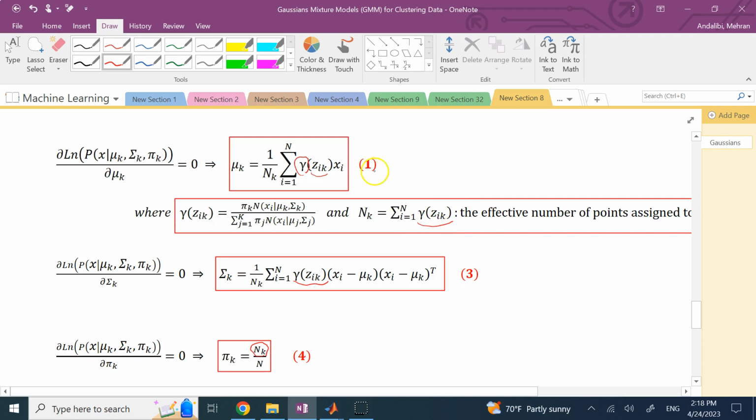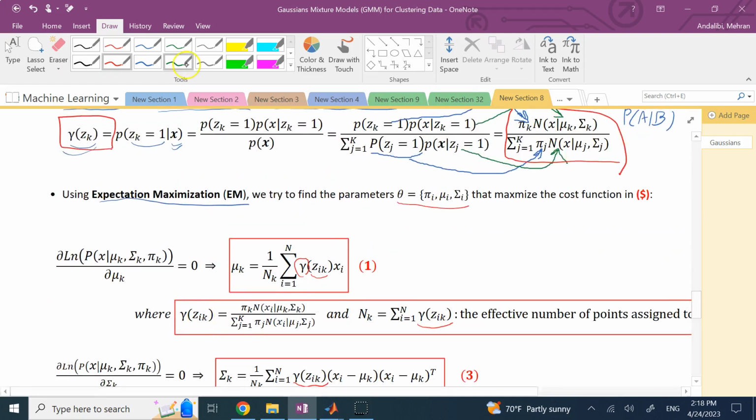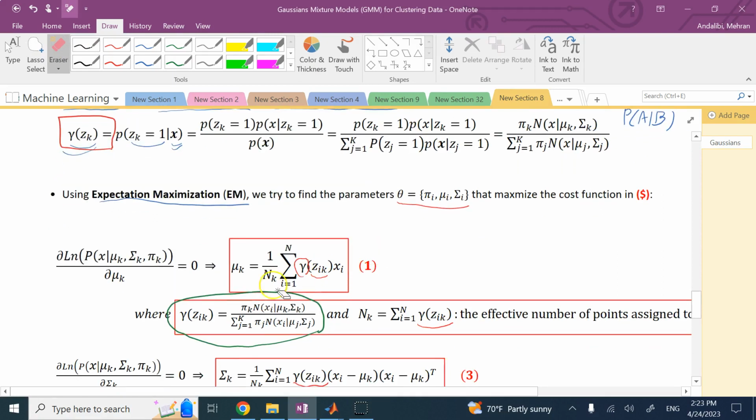So in order to go through 1, 3, and 4, we need to calculate this important term here, gamma of zi and k, which is just based on the definition I gave above. That's how you calculate this gamma of zi and k, right?